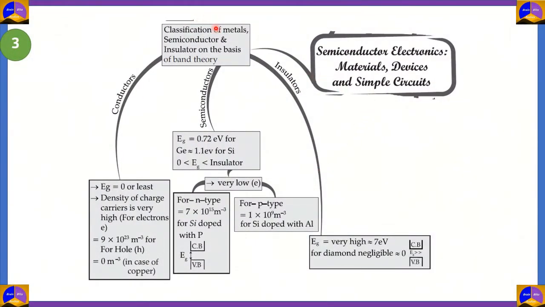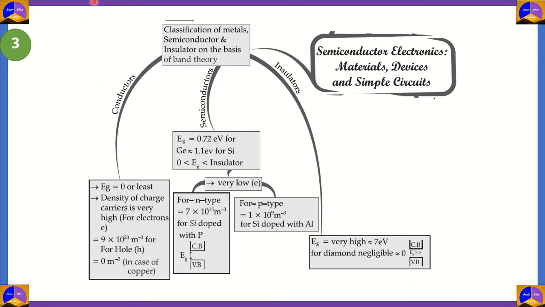Classification of solids includes conductors, metals, semiconductors, and insulators, and this is done on the basis of band theory. Band theory says that if there is no energy gap between the valence band and the conduction band, then there is no restriction for electrons to move from the valence band to the conduction band.